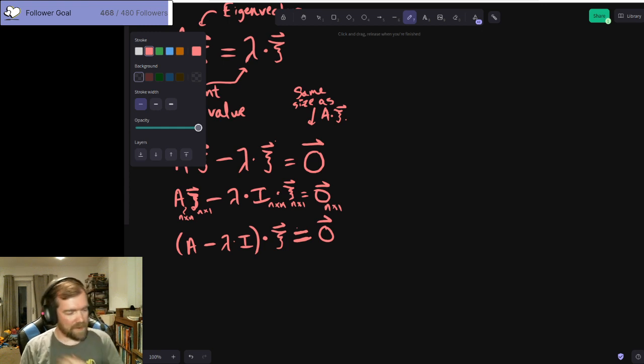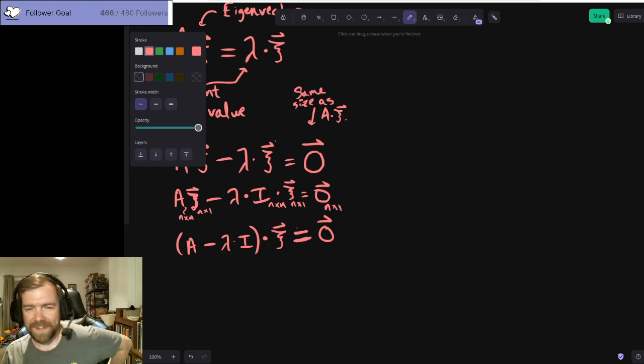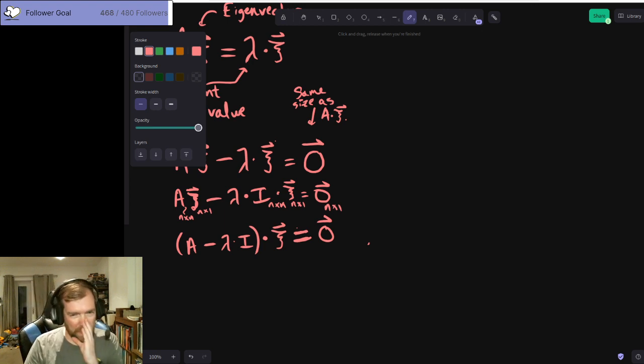If we go back to our basic algebra stuff. You're talking about the A minus lambda I. So the determinant of that needs to be 0.